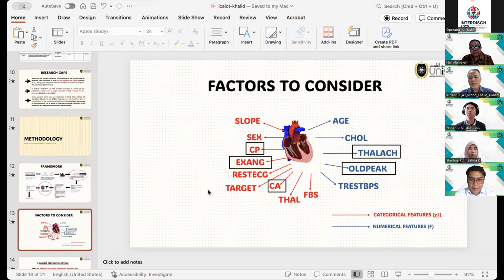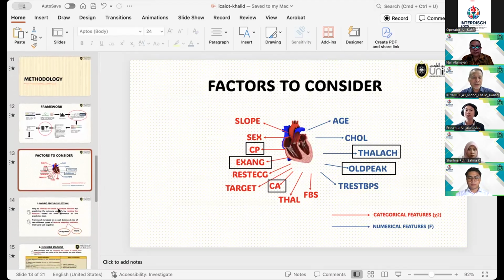By using our feature selection algorithm, we found that we could reduce the attributes to only five, the most important features that contribute to heart disease prediction, okay, which are thalach, oldpeak, ca, exang, and cp. So only these five attributes will be fed into our final model, okay.